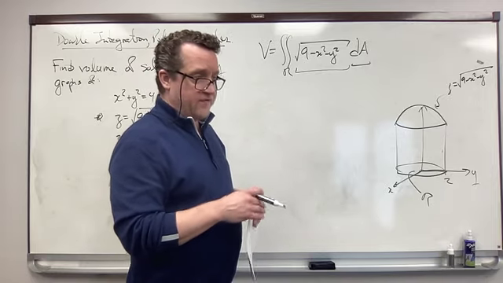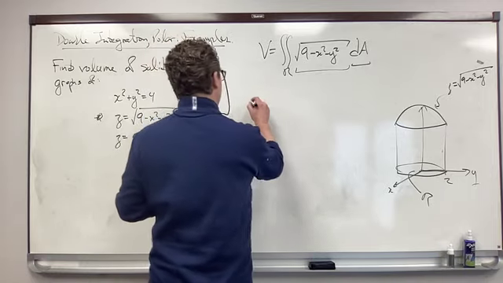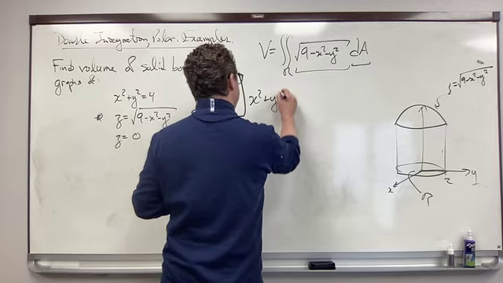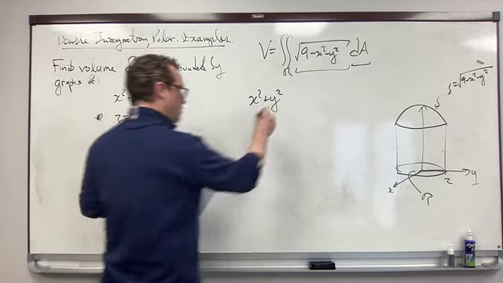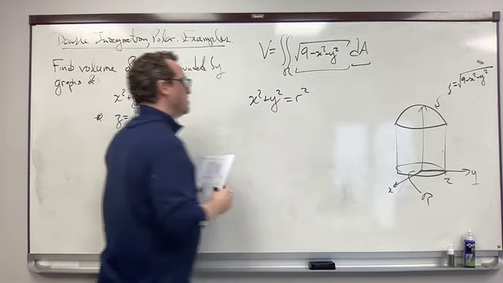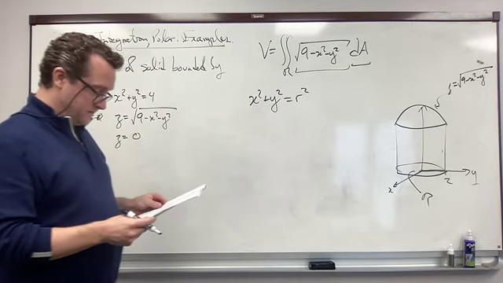Now, when we're looking at functions in polar, what you want to look for are opportunities, in particular for things like x squared plus y squared, because those will simplify right down to r squared in polar coordinates.